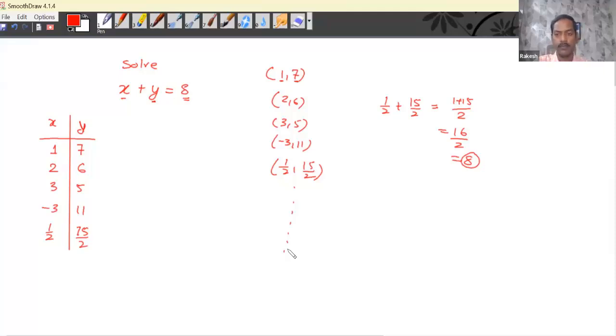So if the linear equation has two variables and no more conditions are given, then we can have infinite solutions. The solutions may contain integers, fractions, rational numbers, any real number.